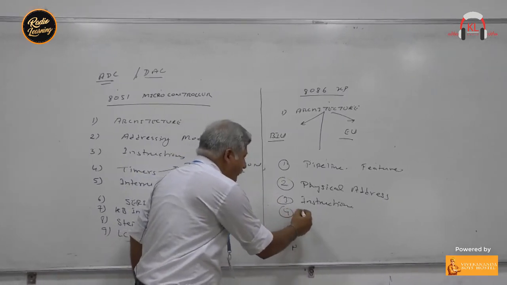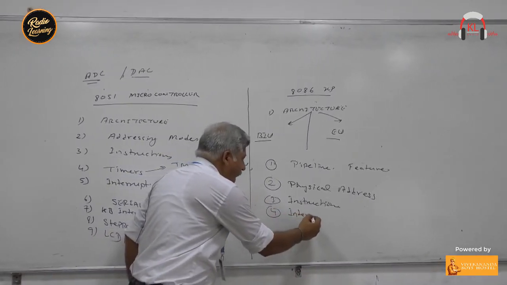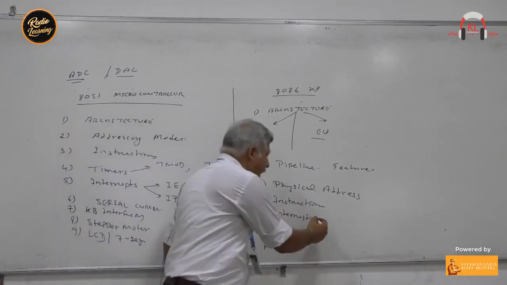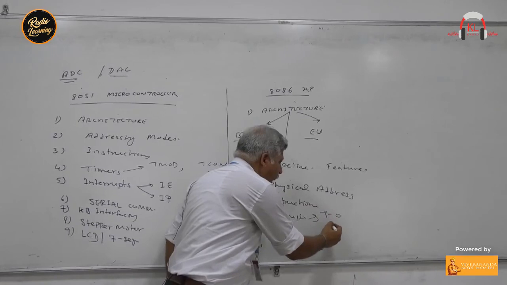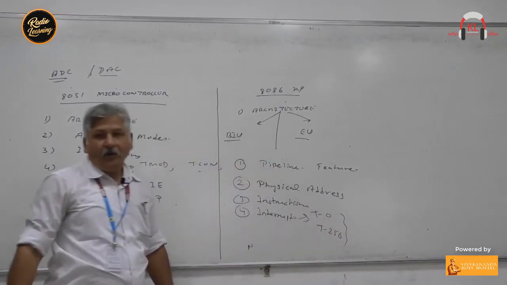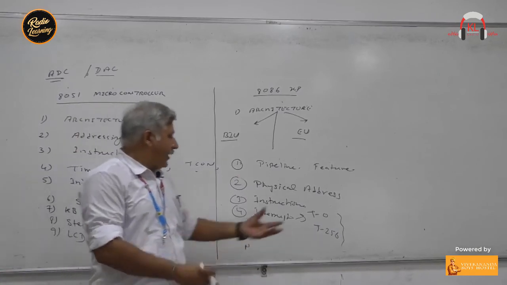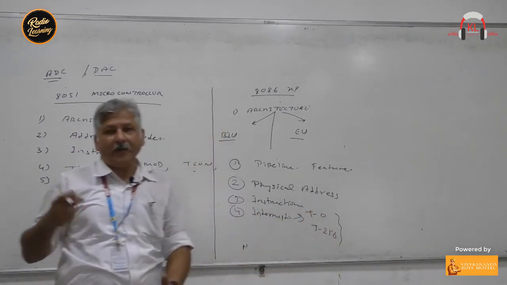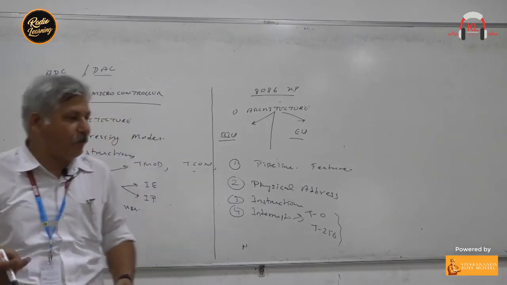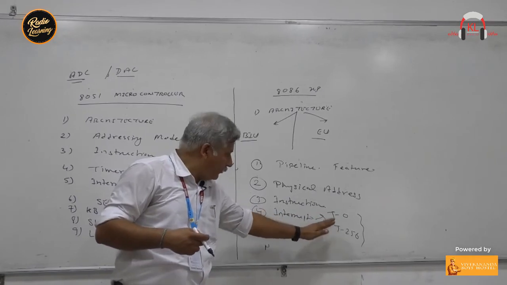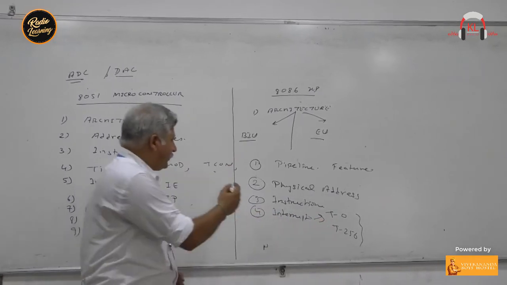Then you have to study the interrupts. In the 8086, there are 256 interrupts, type 0 to type 255 software interrupts. For the type 0 interrupt, what is the vector location? For the type 2 interrupt, what is the vector location? And then how to calculate these memory locations, the vector locations. You must know this.